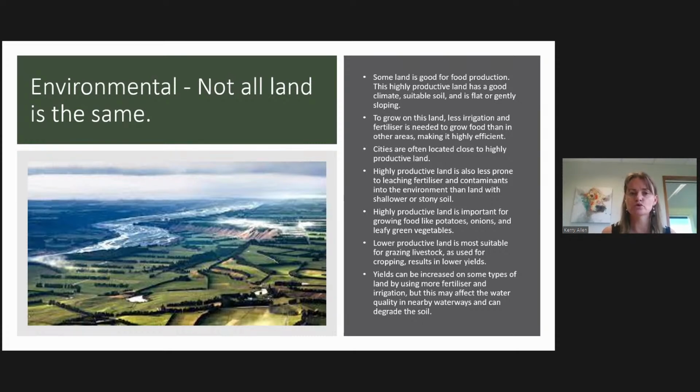Some places will require some irrigation, but mostly good growing land doesn't require irrigation. Okay, some flat land that has poor holding capacity of soil, so low organic matter, such as Canterbury, will require irrigation. So this land is highly sought after, and it's really important for growing crops such as potatoes, onions, and leafy green vegetables.